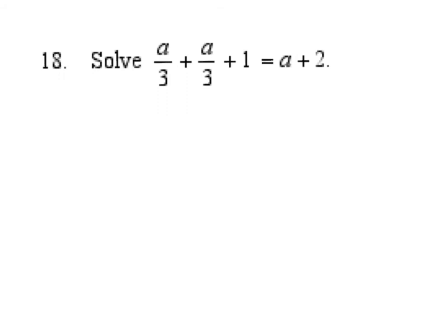So again, first thing I notice is that we have some fractions. So I'm going to do the least common multiple. It makes it really easy. They're both 3, so my least common multiple is 3. So I'm going to multiply everything times 3.